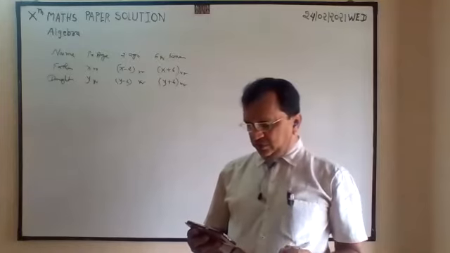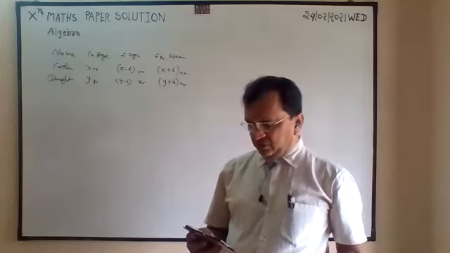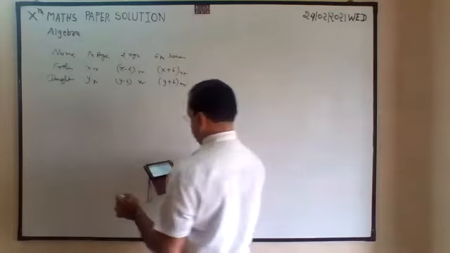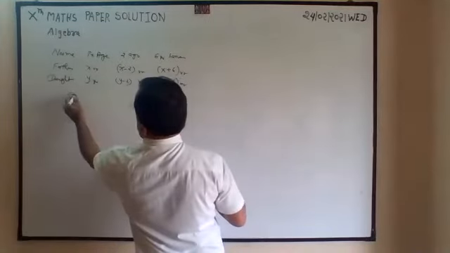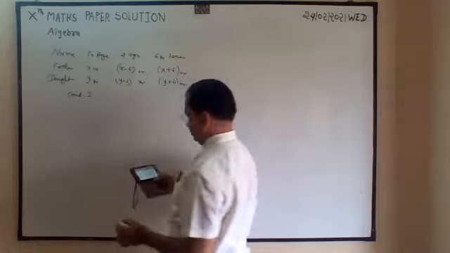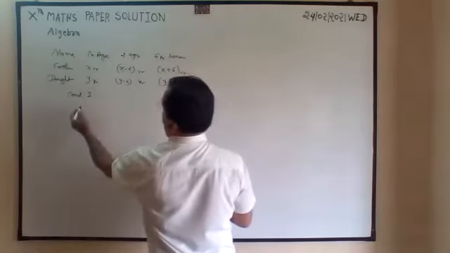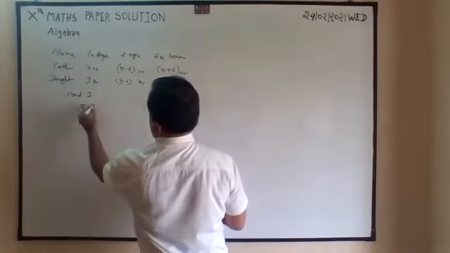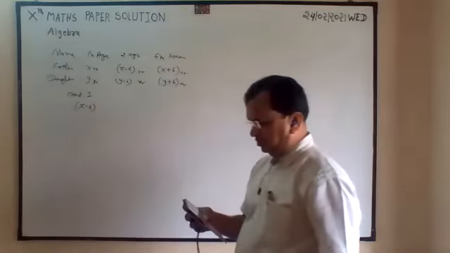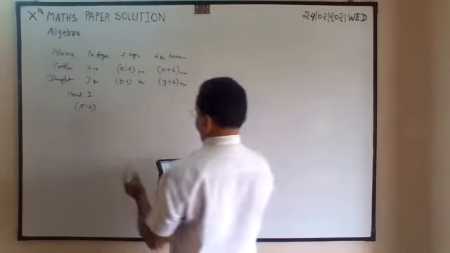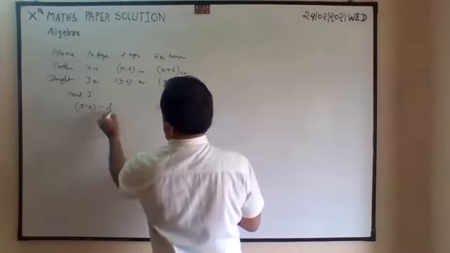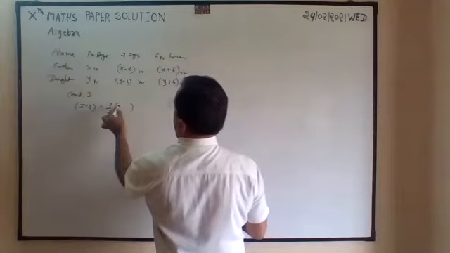Condition 1. 2 years ago, the age of father was 3.5 times of daughter.